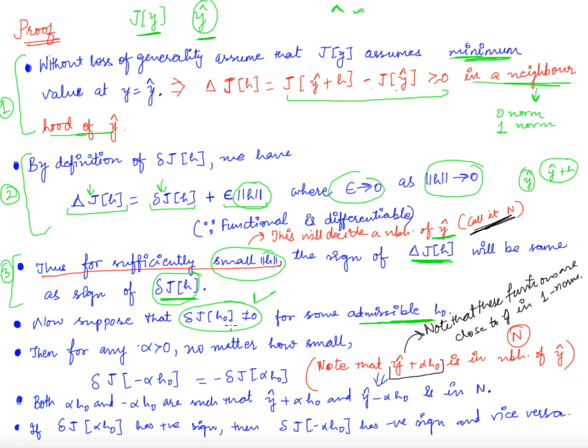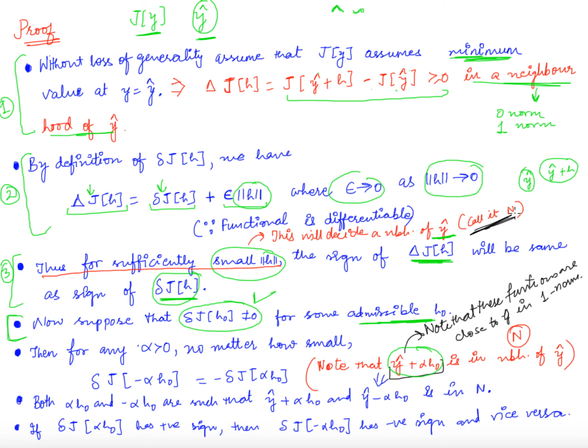Now try to do one thing. We had this neighborhood N of y hat.